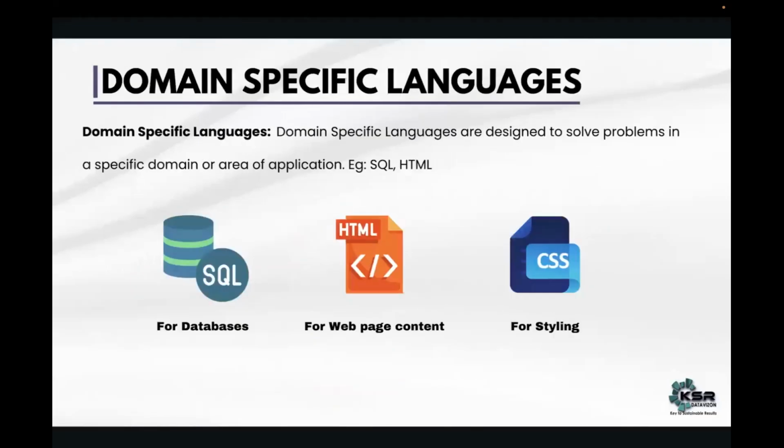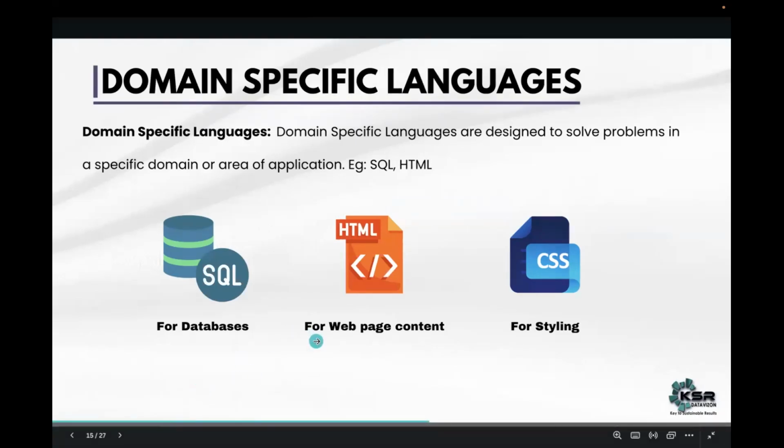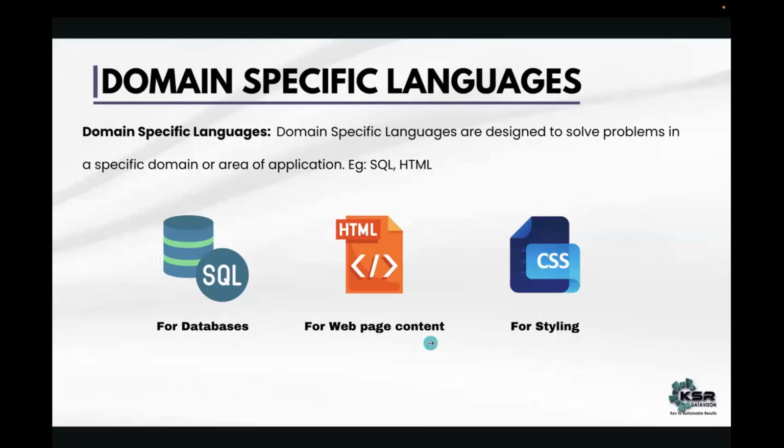And one more is domain-specific languages. This is also a style of programming, but this is just specific to the domain it caters to. Okay? These languages will solve problems in that specific domain or area of application. It's not like a general language. Okay? So SQL is for databases, HTML is for web page content.